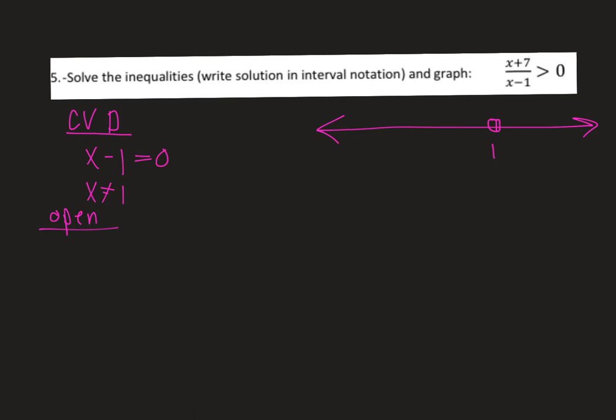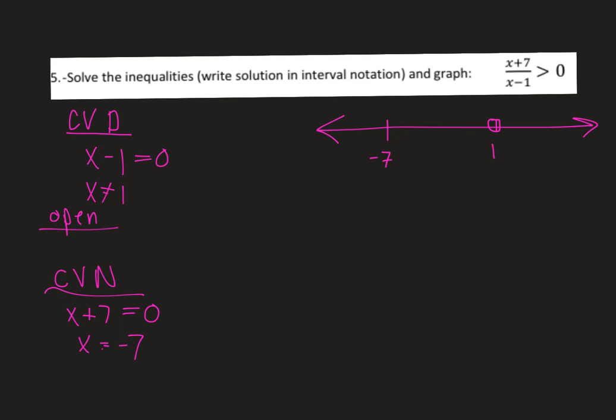Okay, now after we find the critical values for the denominator, we're going to find the critical values for the numerator. In this case, our numerator is x plus 7. When does x plus 7 equal 0? That is at negative 7. So we're going to plot negative 7 here on our number line.